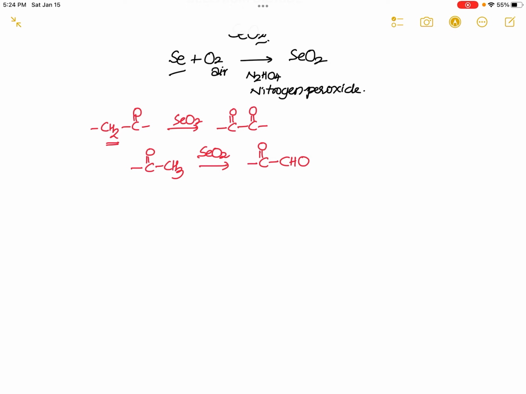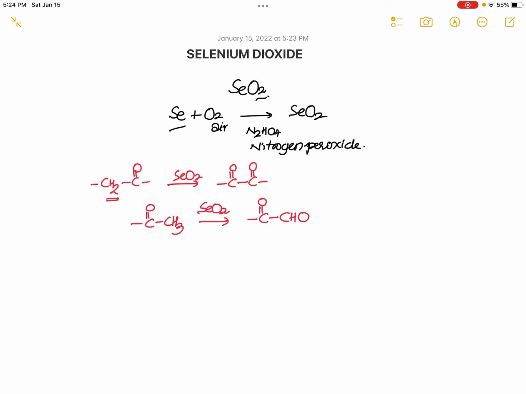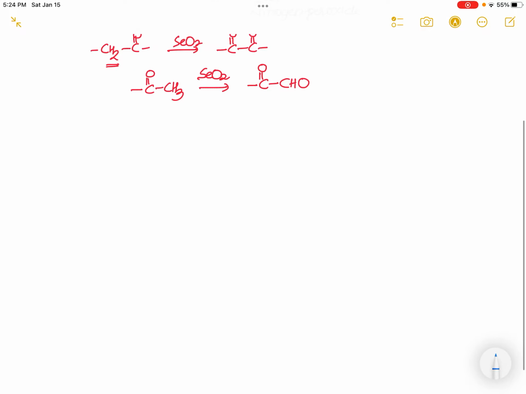The expected mechanism is like this. A C=O CH2 group, if it is like this, undergoes tautomerism to form C-OH double bond CH2.